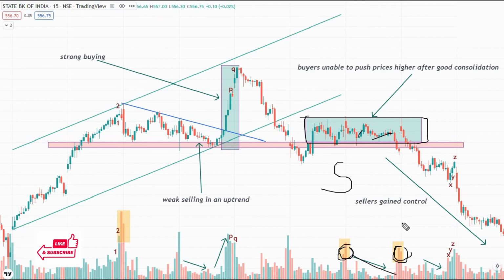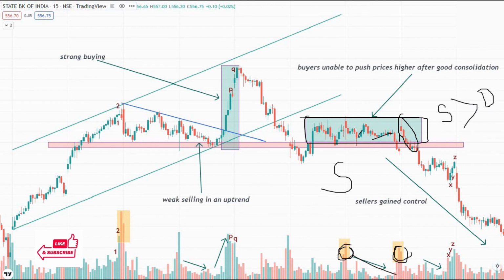Then prices, after opening gap up, couldn't continue the upward momentum after breaking this important resistance zone. What did the prices do? Prices, even after opening gap up, moved down significantly towards the downside, indicating that selling pressure is very strong than the demand side.